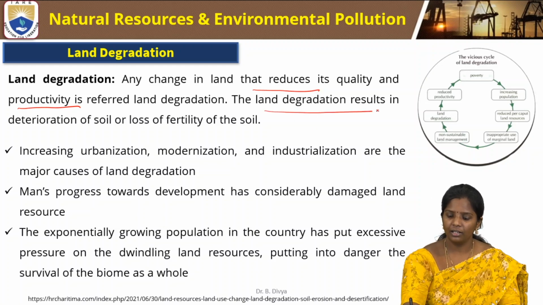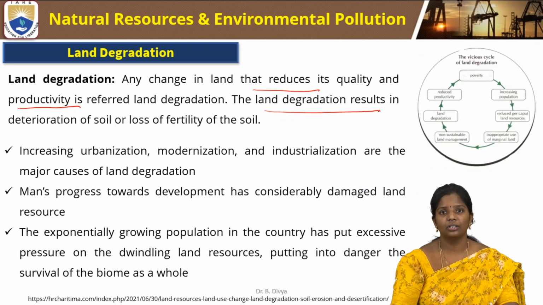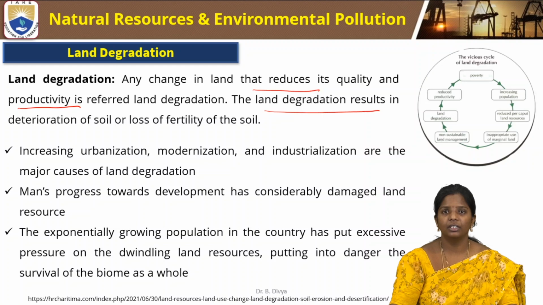So this land degradation results in deterioration of soil or loss of fertility of the soil. Due to urbanization also, this loss of fertility is happening because there is no humus forming on the top layer of soil for plant growth, because of concrete roads. So this comes under land degradation.